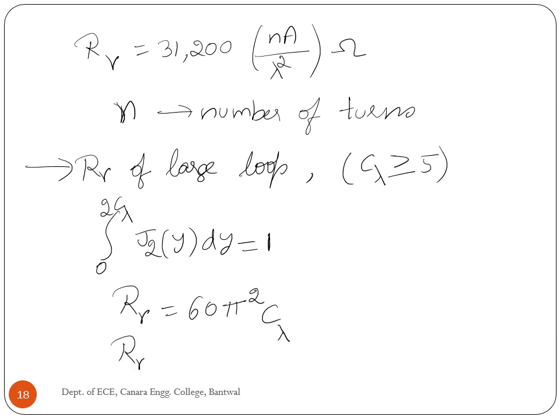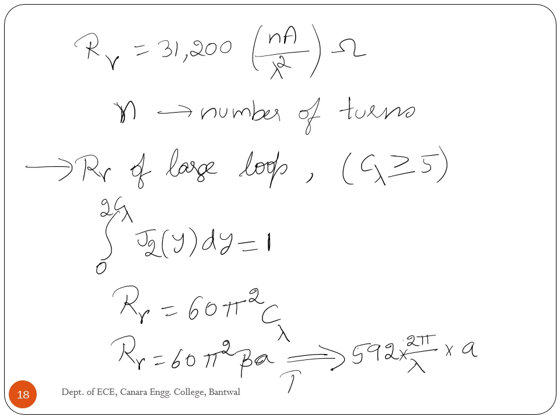Or the same thing we can write: 60 pi square C lambda is nothing but 60 pi beta a. So we know that beta is 2 pi by lambda. So 60 pi into 2 pi by lambda into a.